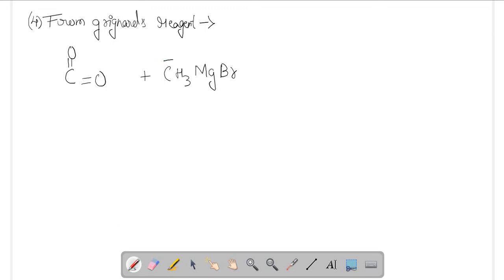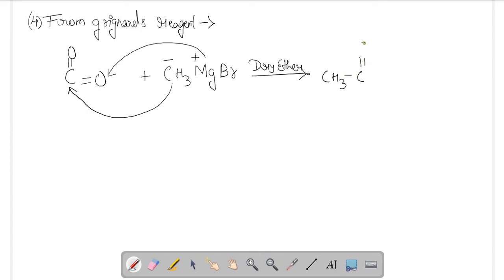C minus Mg plus, and here this Mg will attack towards the oxygen here, while the CH3, the negative part here, will attack towards the carbon atom in the presence of dry ether. Okay, so here formation of an adduct compound, that is CH3 C O OMg Br will take place.